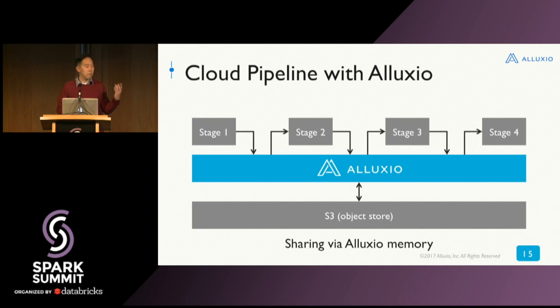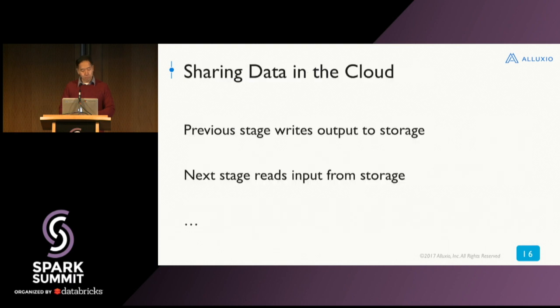So the writing is faster, the reading is faster. Ultimately, the sharing of data between the different stages occurs via Alluxio memory and does not have to go all the way down to S3. This can really speed up the writing portion of the jobs, the reading portion of the jobs, and also ultimately cut down the time of the entire pipeline.